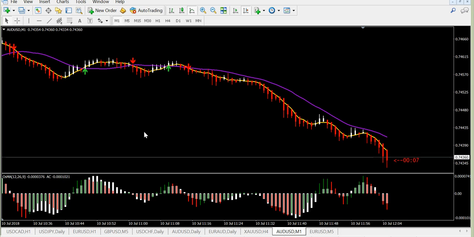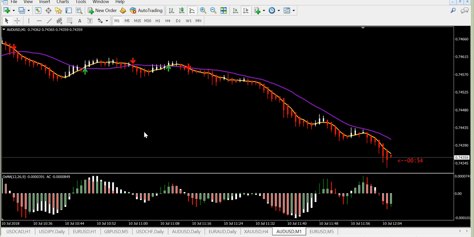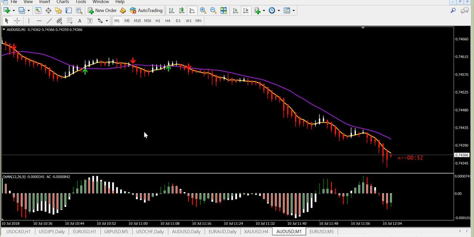And for Forex you can use all time frames, depending on whether you're using it for scalping, or for day or long trading. So it's up to you.